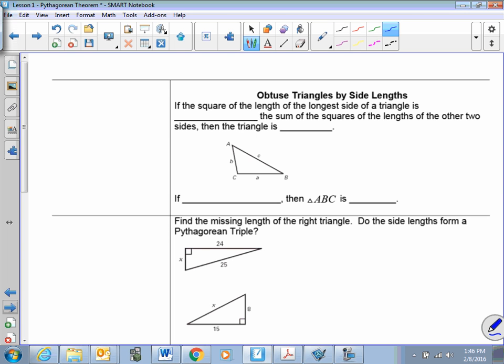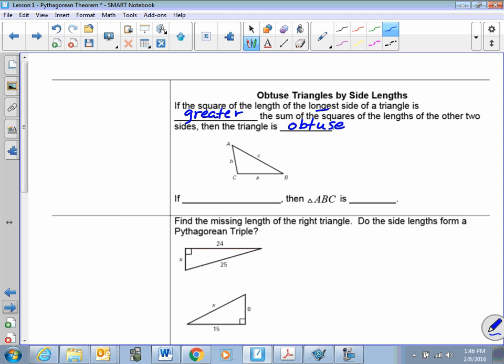All right. So now I think it stands to reason that if the square of the length of the longest side of the triangle is greater than the sum of the squares of the lengths of the other two sides, then the triangle must be obtuse.